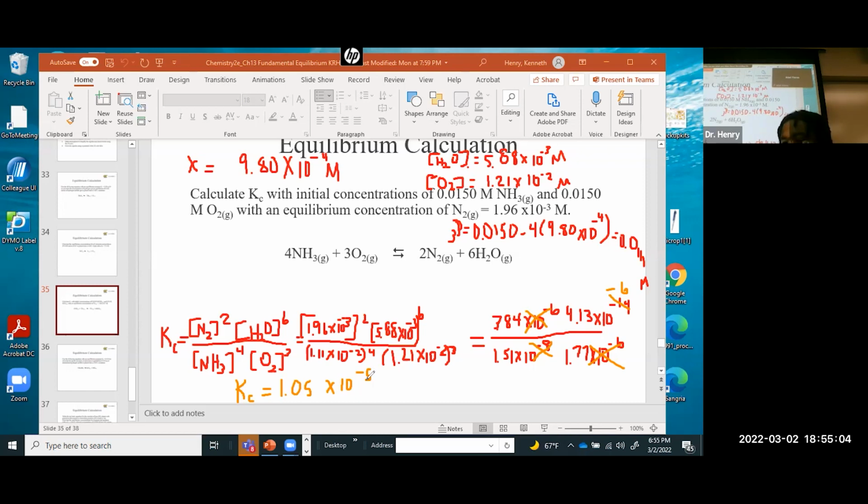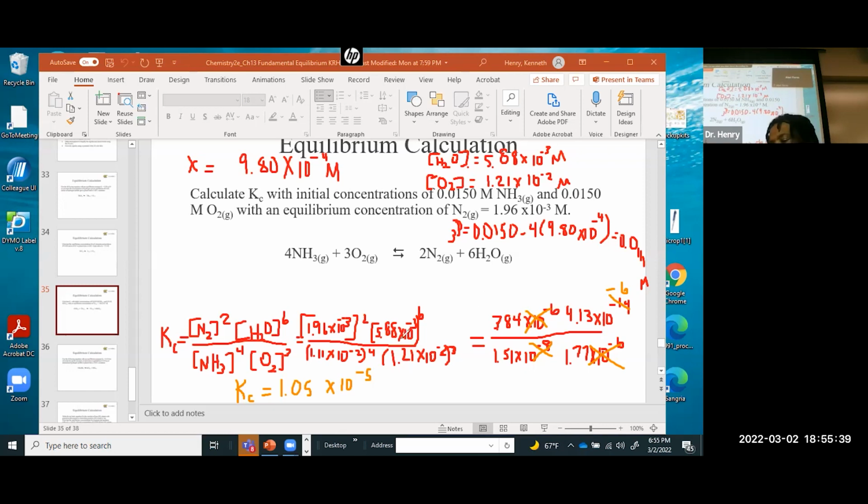And then that is going to be squared, right? Negative 3, and then that's going to be squared. So that's going to be 3.84 times 10 to the minus 6. That's 2, 4, 6, yep.